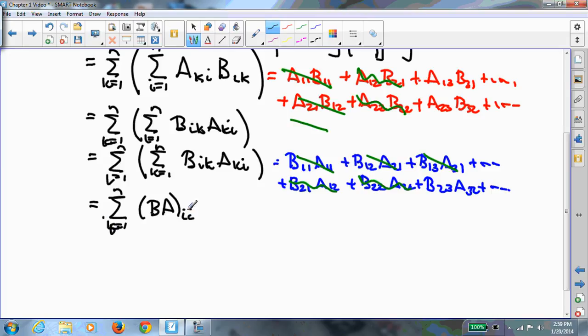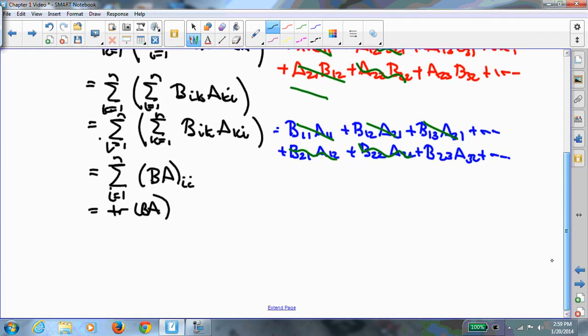Getting rid of the k makes that clearer. So the outside here was i, and this is i. So I switched the order of summation. But if I add up the diagonal elements of BA, then that becomes the trace of BA. So notice now, I started with the trace of AB, and I've shown that the trace of AB is equal to the trace of BA.